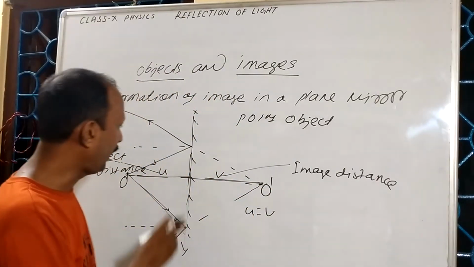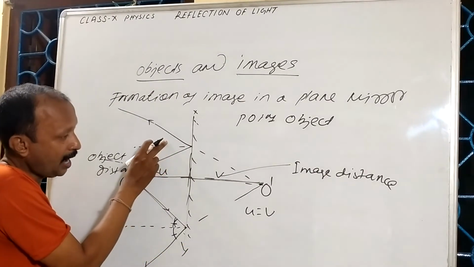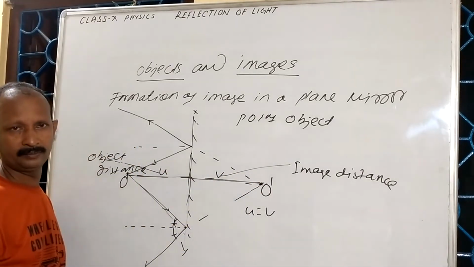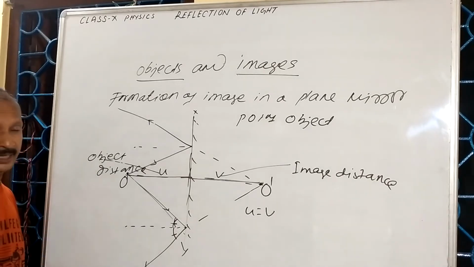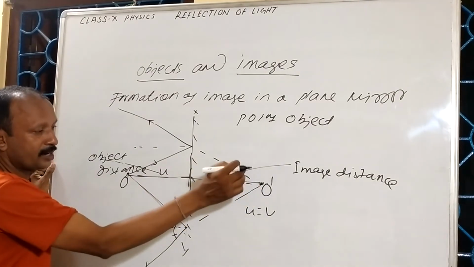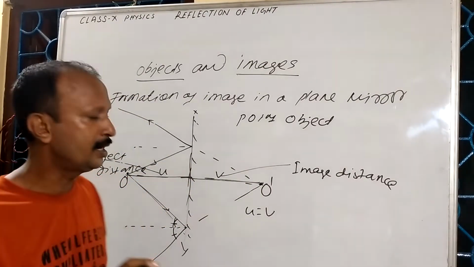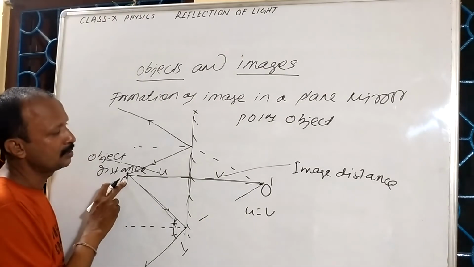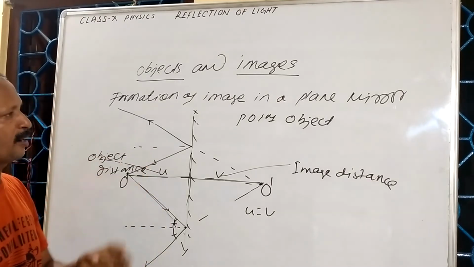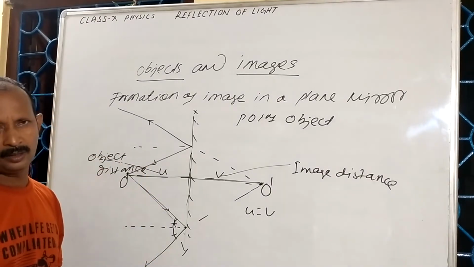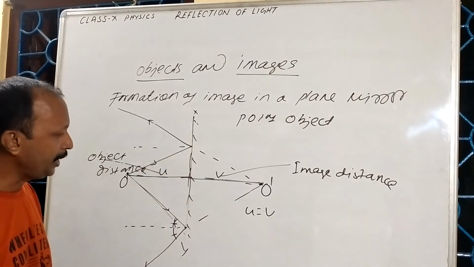In fact, light rays never meet. It seems that they are diverging from this point. The light rays which enter our eye, we feel that they are coming from the point O dash. So O dash is the position of the image, or you can say the image of this point object. So this is about the image formation in a plane mirror.